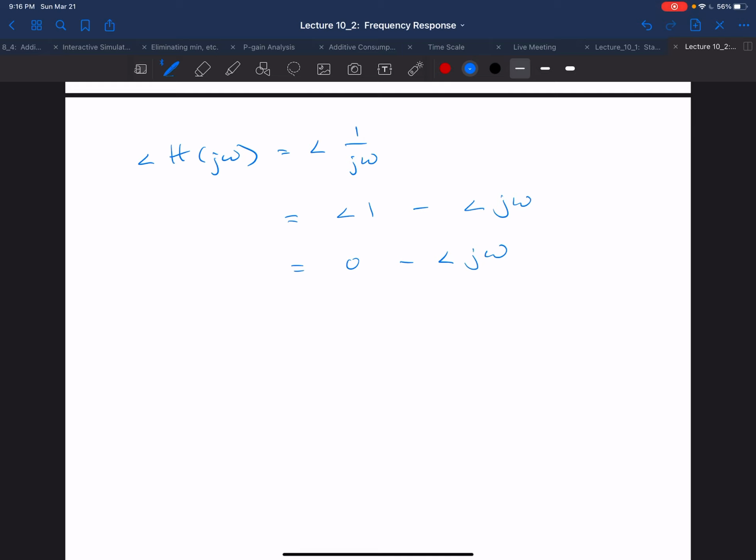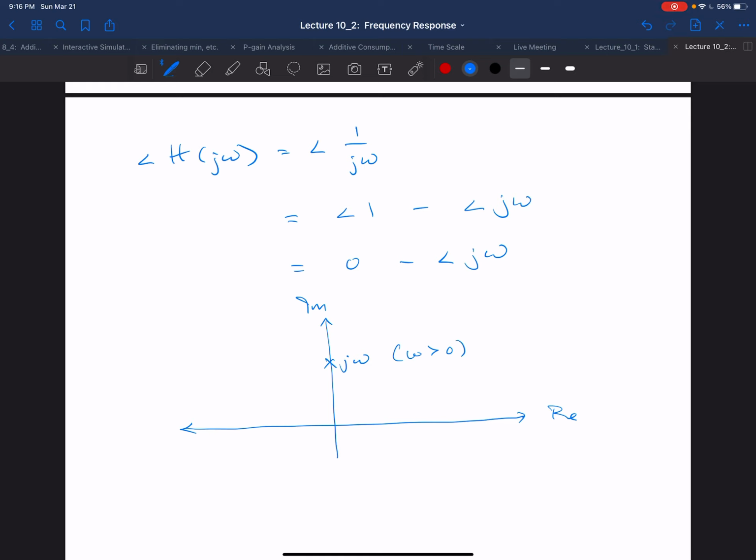So the angle that we're looking for is actually the negative of the angle of j omega. Well, what does the angle of j omega look like as omega varies from 0 to infinity? Because we're only dealing with positive values of omega because we're taking logarithms. Well, j omega, if we plot it on the complex plane, it's always going to be on the upper part of the imaginary axis if omega is greater than 0.